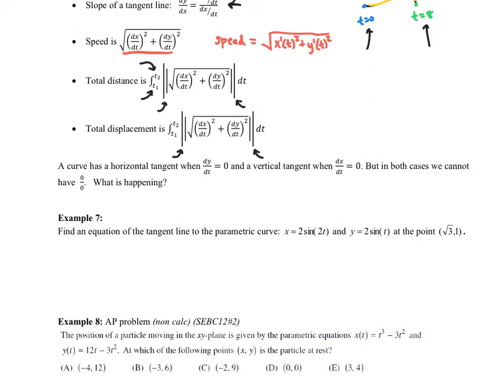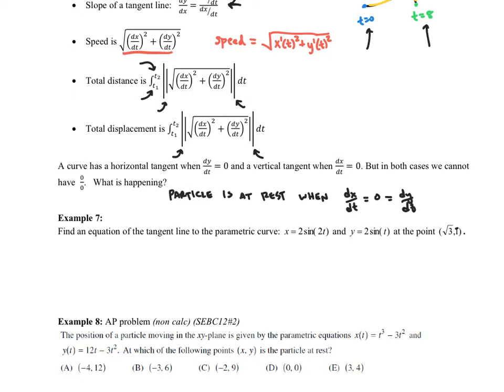In both cases, we cannot have 0 over 0, right? So if dy/dt and dx/dt are both 0, what we have is actually that the particle is at rest and it's changing its direction. So the particle is at rest because there's no movement. It's at rest when both dx/dt and dy/dt are equal to 0, which makes sense, right?